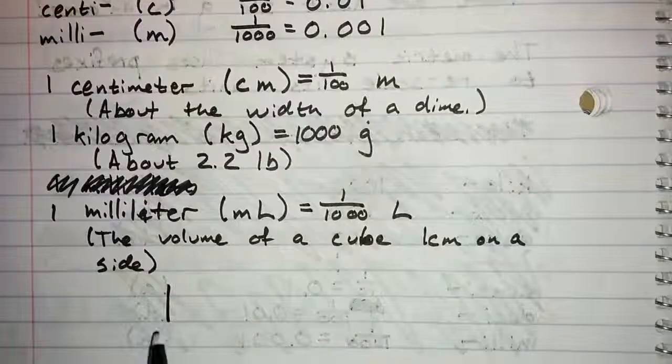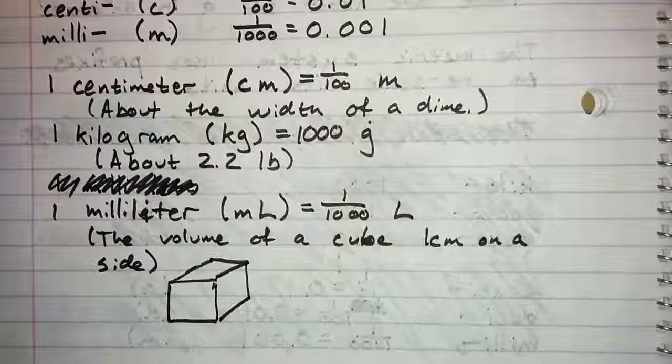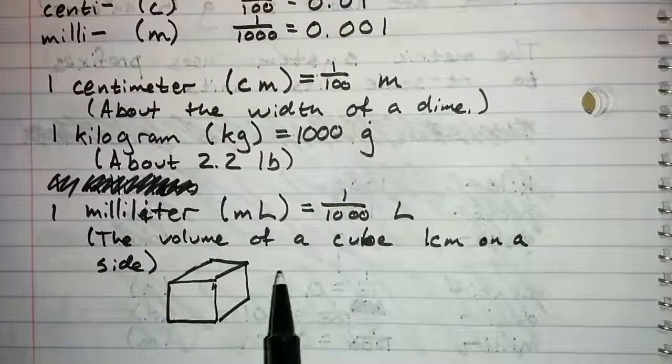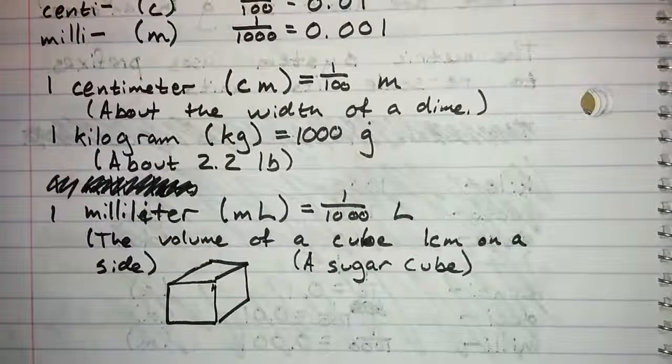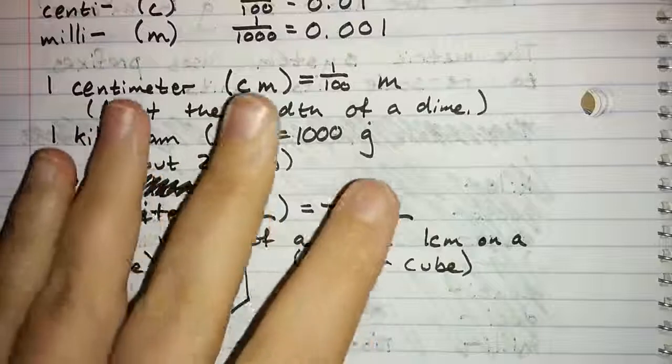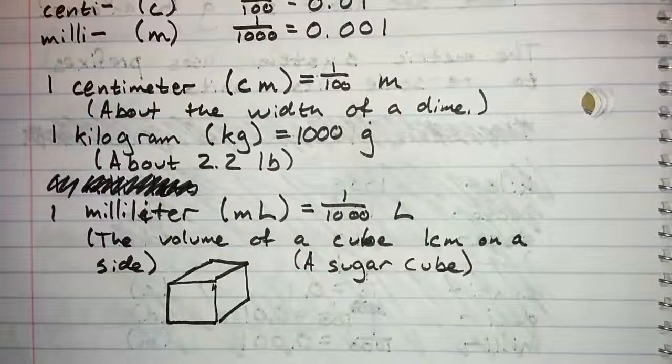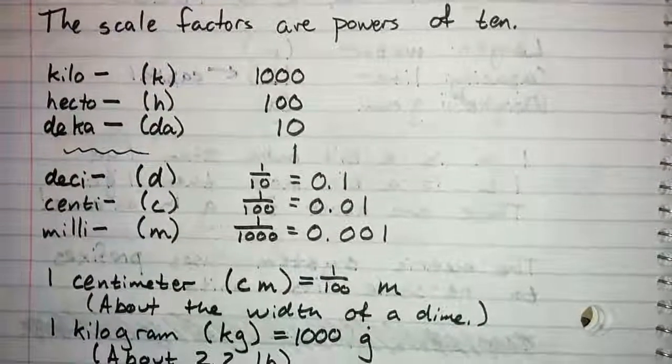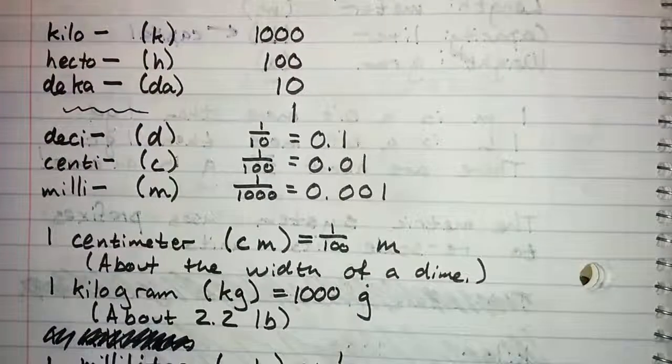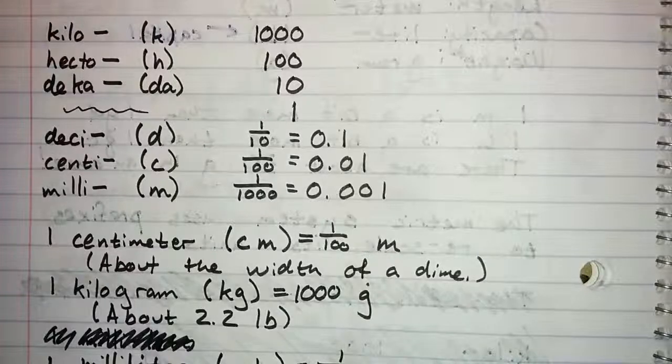So this is about a centimeter. 1 milliliter is about the volume of a sugar cube. So that's it. That's how we operate the metric system. We have 3 basic units, meters, grams, and liters. And we use those together with our 6 basic prefixes to describe units of appropriate sizes for whatever we want to measure.